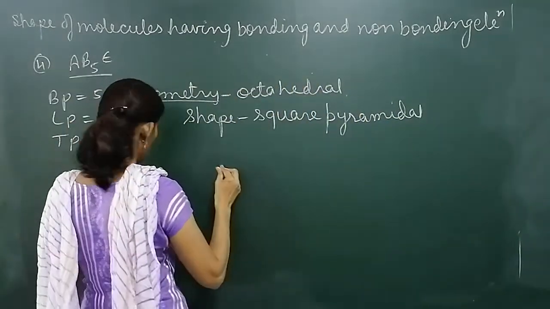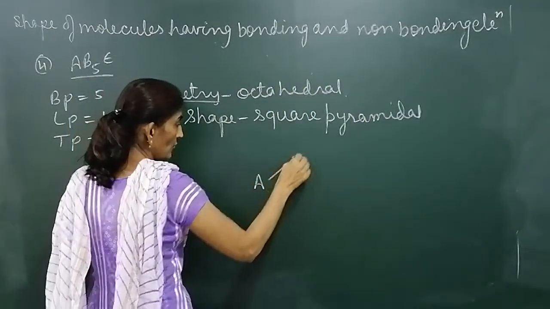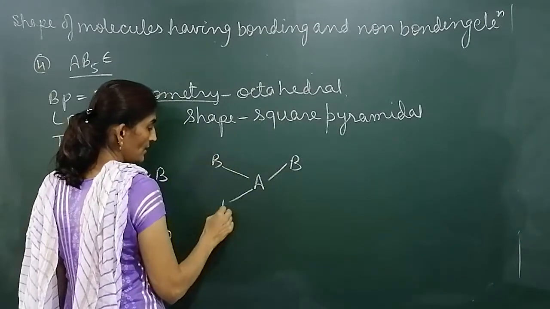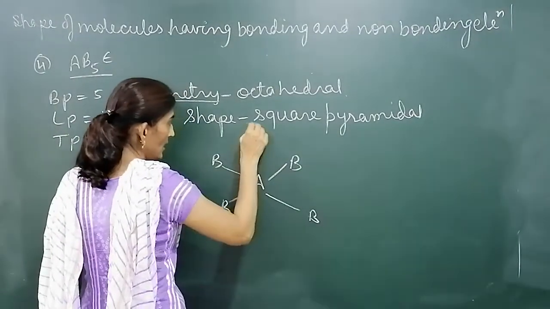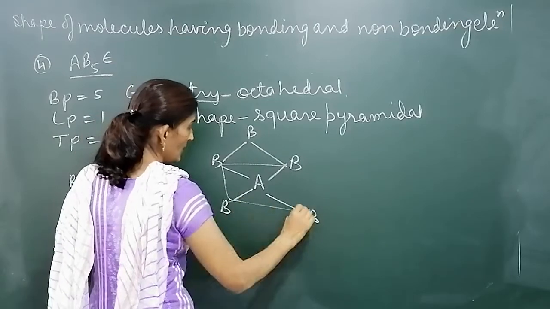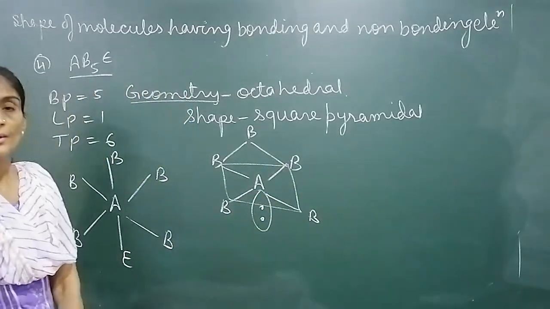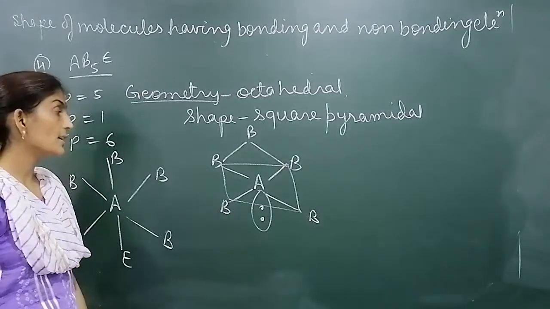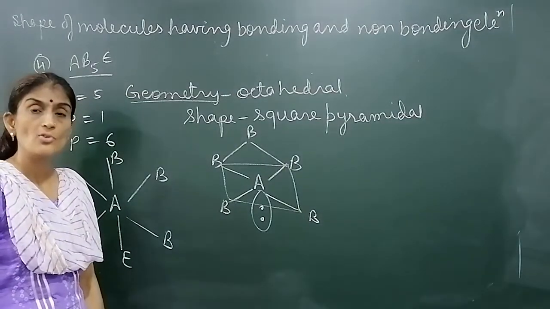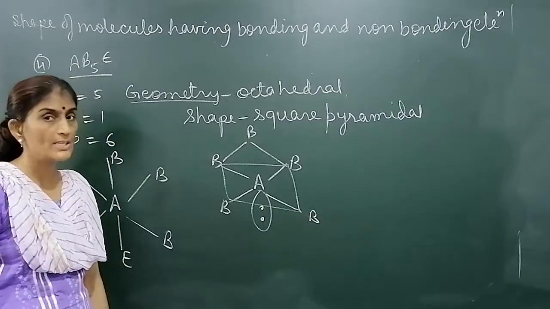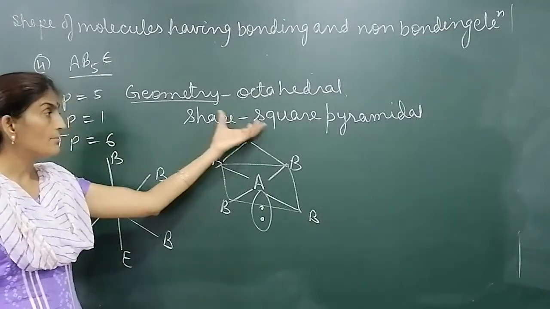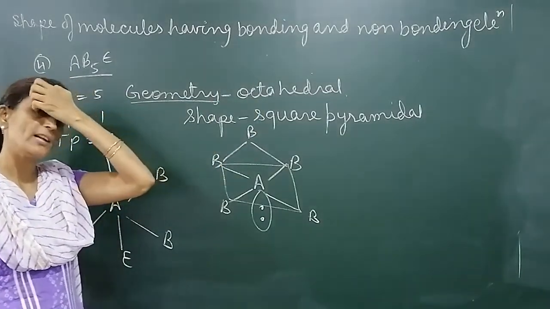Like this. A at the center, 4 B at the four corners of a square, and 1 above the plane. This is called square pyramidal, and lone pair is arranged at the bottom. So if there is 6 electron pair around central atom, 5 are bonding pair, 1 is lone pair, then shape becomes square pyramidal and geometry will be octahedral.